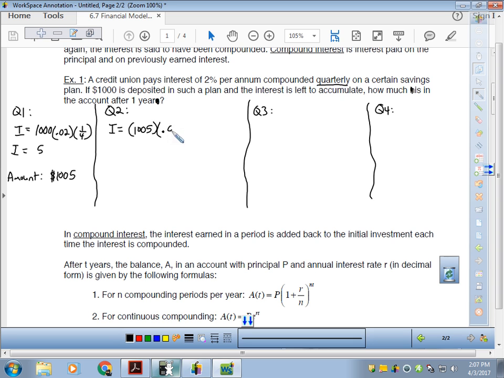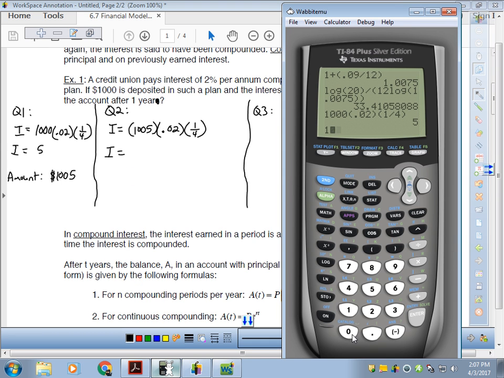We're still using an interest rate of 2%. And then for our time, it's still another 1/4 of a year. And so then we'll go to our calculator and figure out what that is. So 1,005 times 0.02 times 1/4, and that ends up being 5.